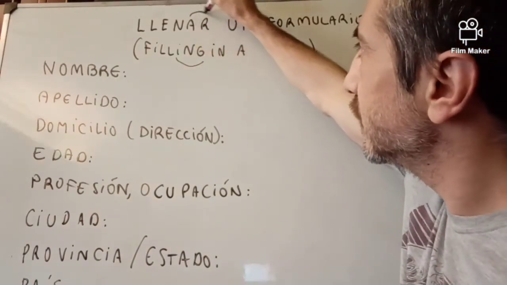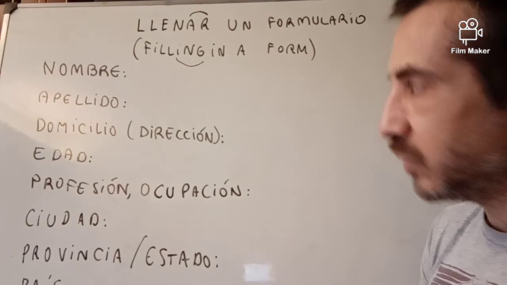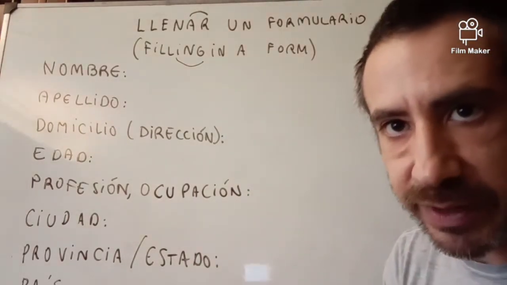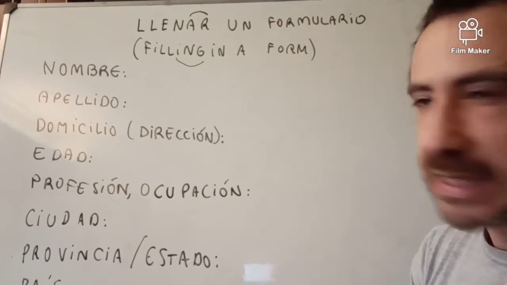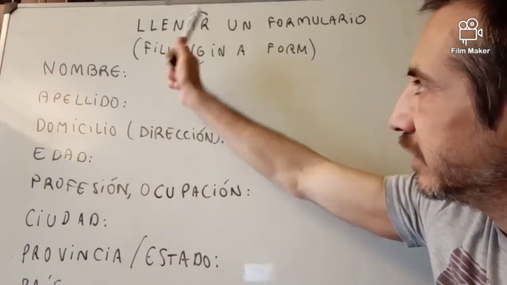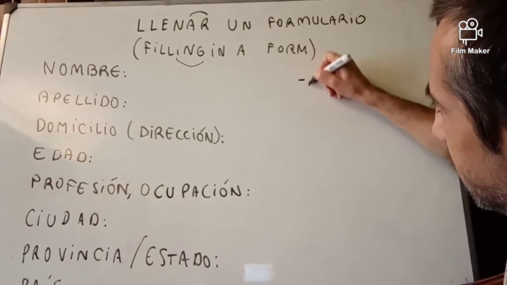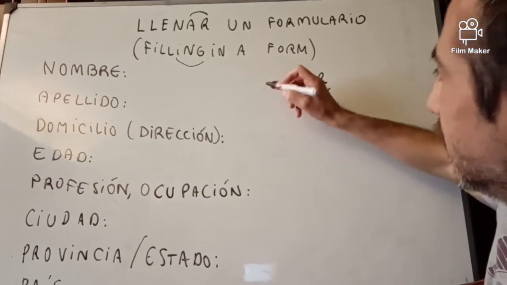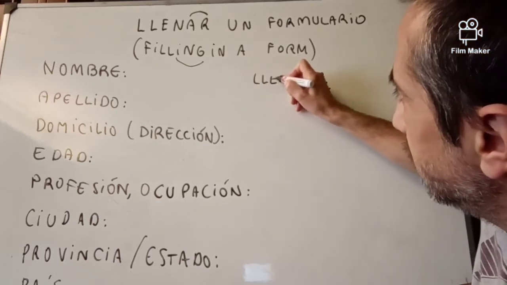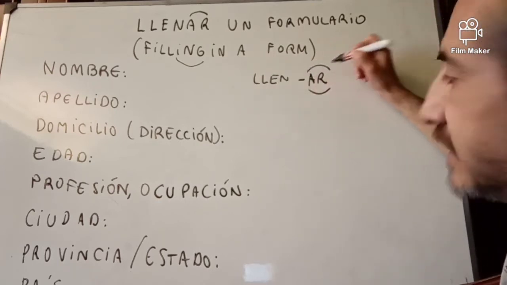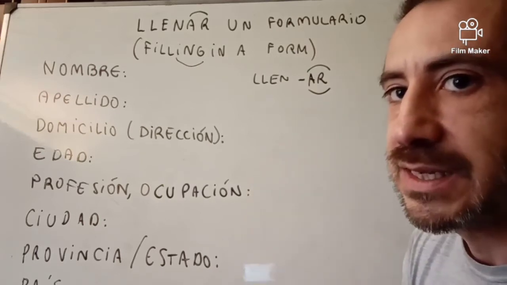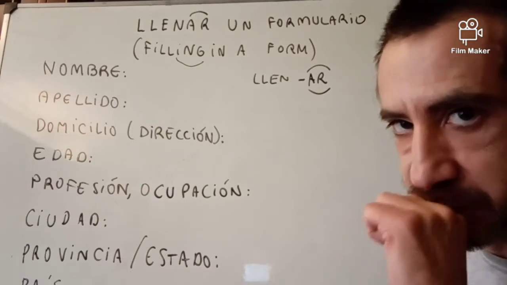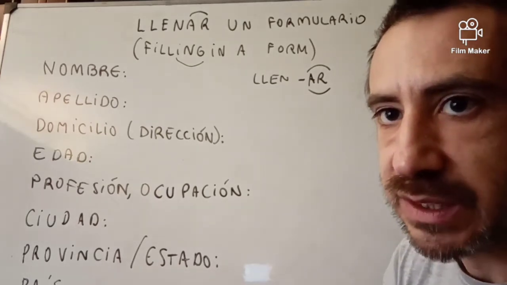In Spanish we use the infinitive when it comes to the title or the topic that we are dealing with. So we say it in the infinitive form. If you remember, it belongs to the first group. The root is llen and the suffix ar. Llenar un formulario. Form is formulario. It's a bit long, the word.